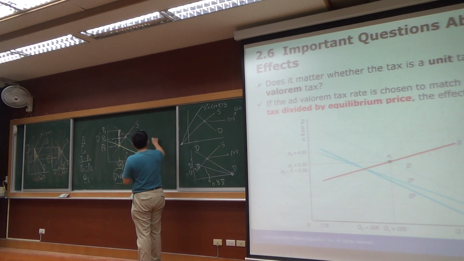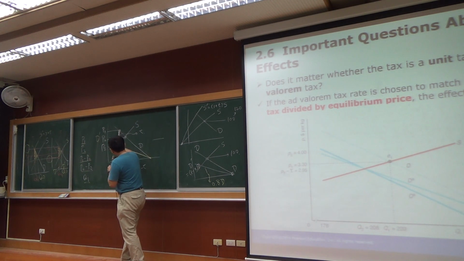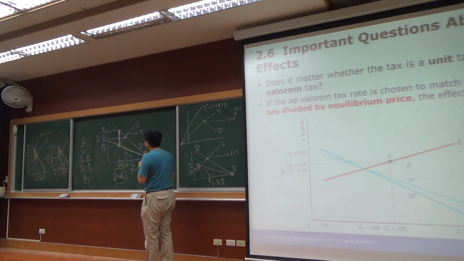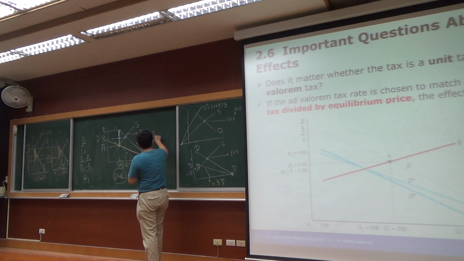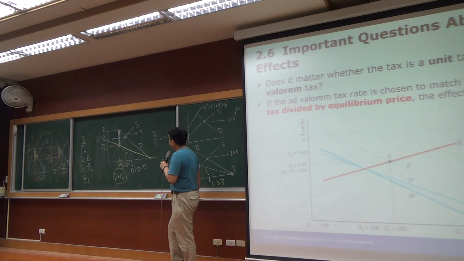It would be P1 minus tau, right? P2 equals P1 minus tau. So P2 over P1 would be 1 minus T. Is that clear?